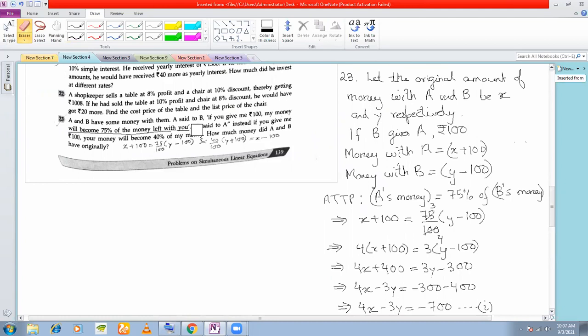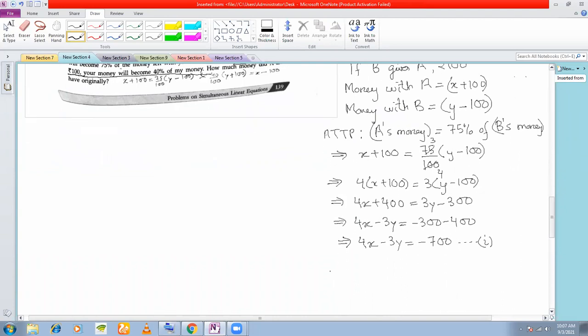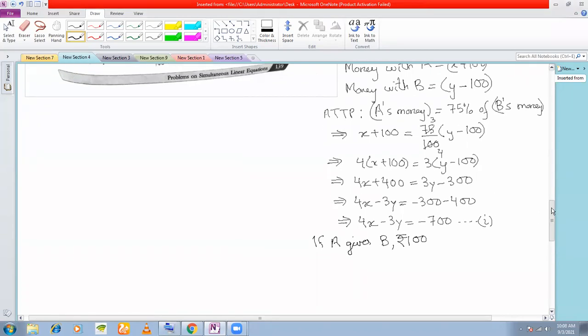Now look at the second statement here. In the second statement, now B is telling A, instead, if you give me rupees 100, your money will become 40% of my money. Now what happens? A is giving B rupees 100. So this time, if A gives B rupees 100, then what is the money with A?